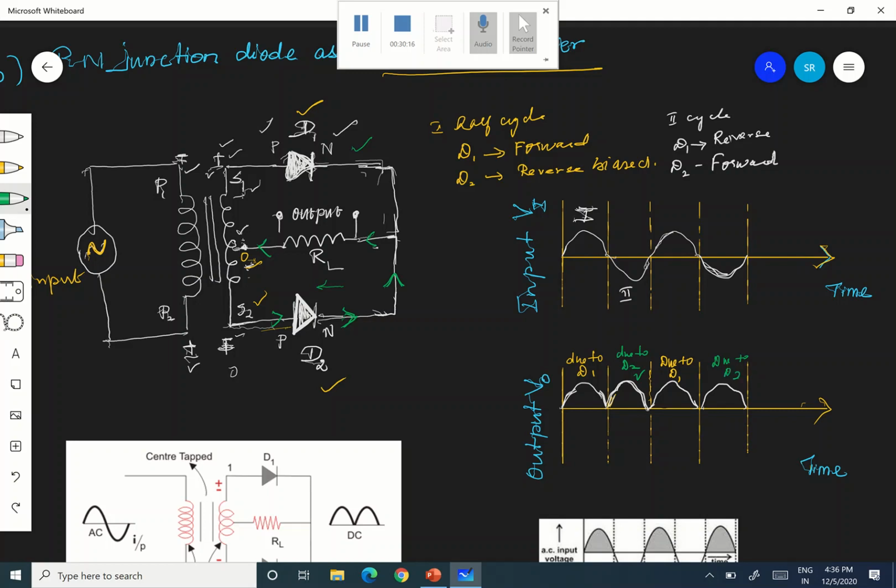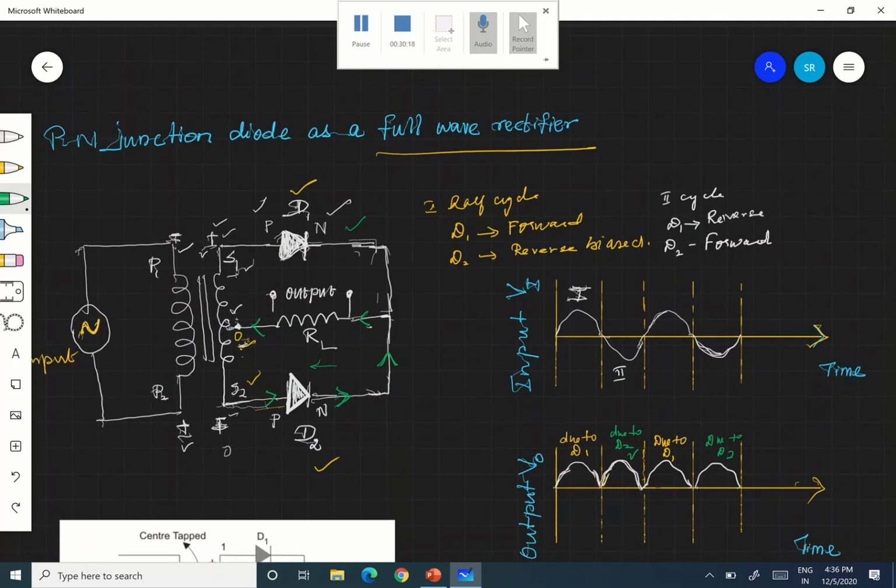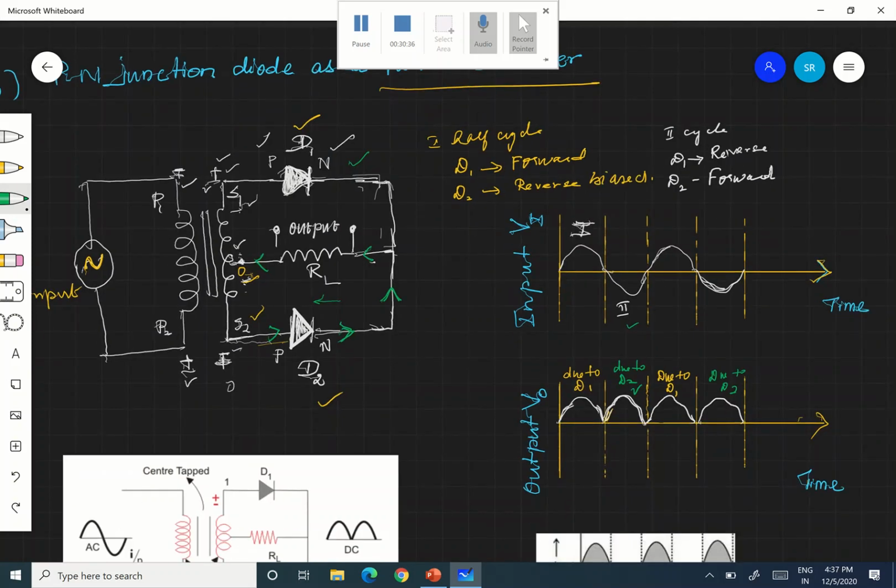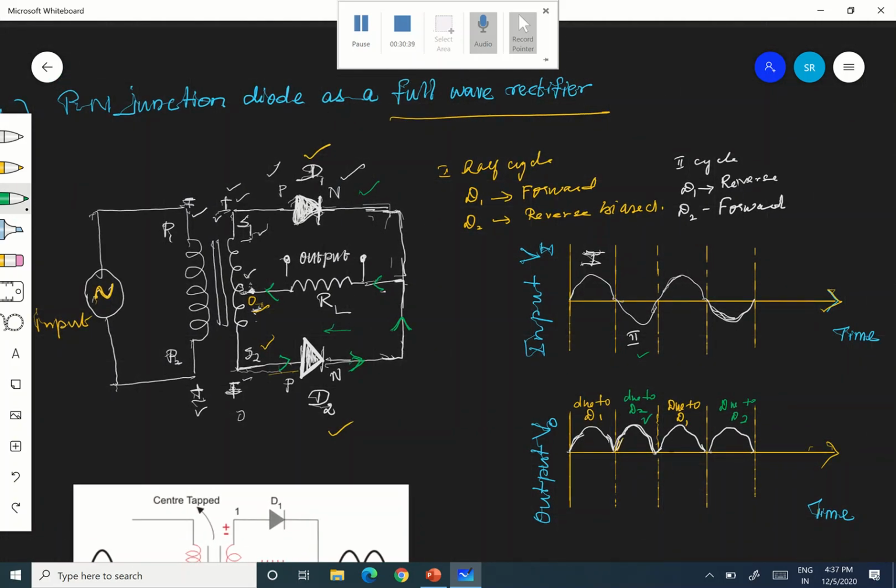Okay, so that is why the name is full wave rectifier. Both the positive as well as negative half cycle of the input are rectified. In both cases you will be getting an output, unlike the half wave rectifier, which rectifies only one half of the input; the next half it won't conduct.